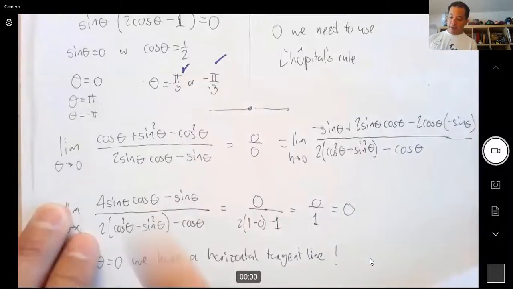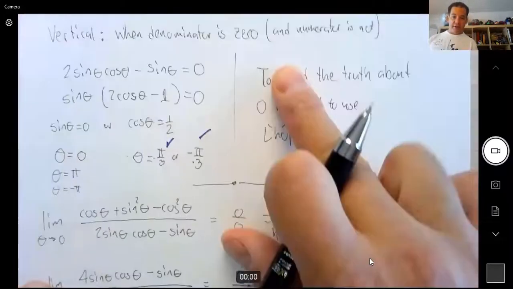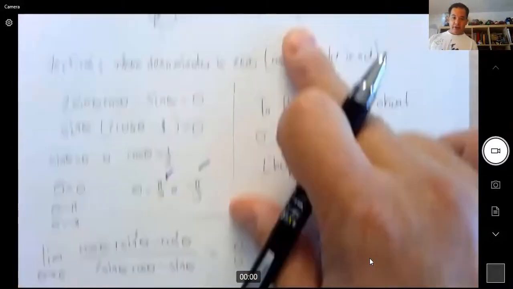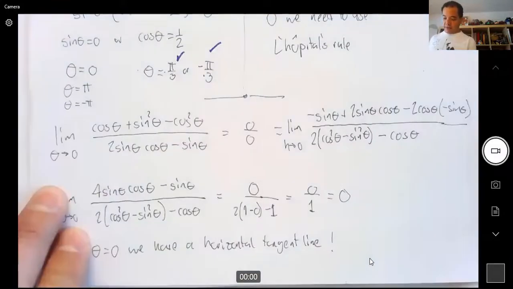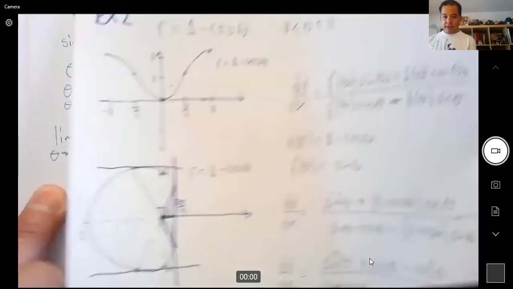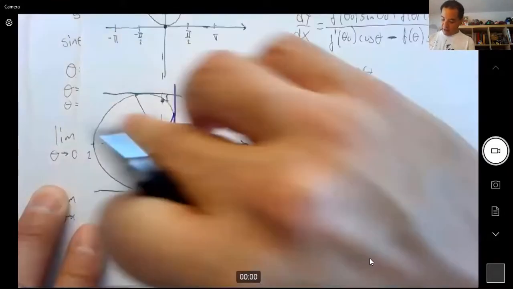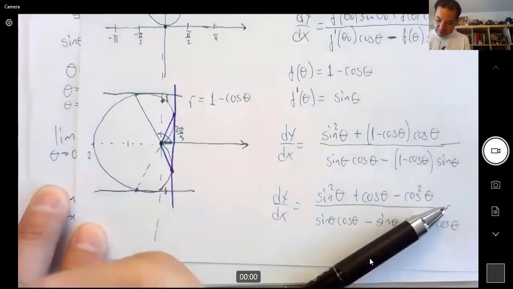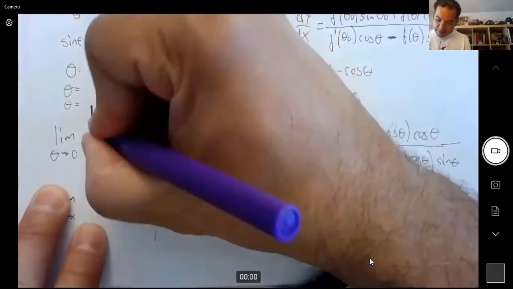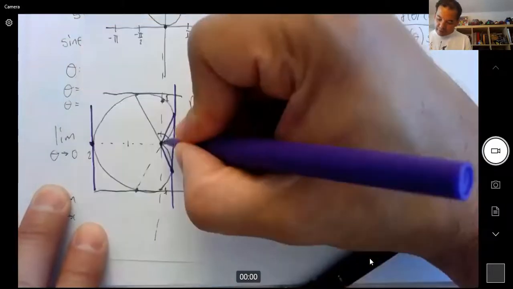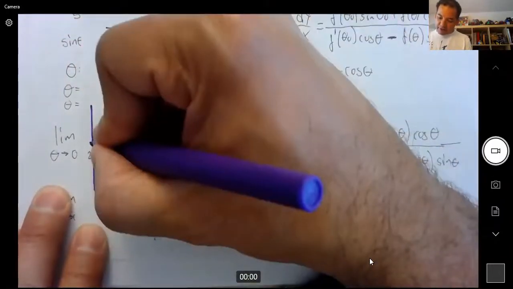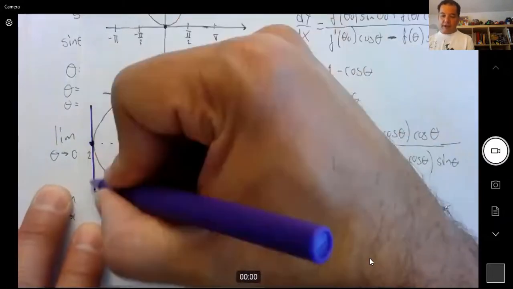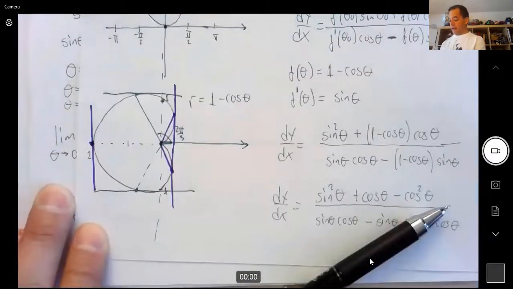And those work because they don't appear on this other list, right? Pi and negative pi are not in here, so they work, and that's correct. At pi and negative pi, we are right here. It's the same point, because when theta equals pi, we're here, and when theta equals negative pi, we're here. So it's the same point, and we have this vertical tangent line right there.